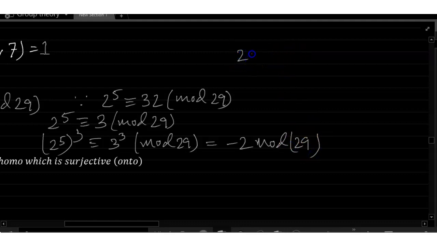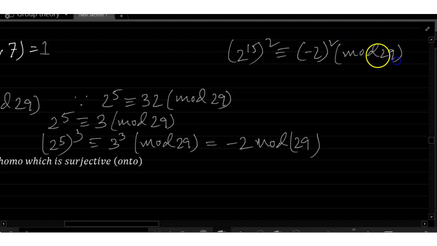Now 2 to the power 15 whole square is equivalent to minus 2 whole square mod 29, which is 4 mod 29.